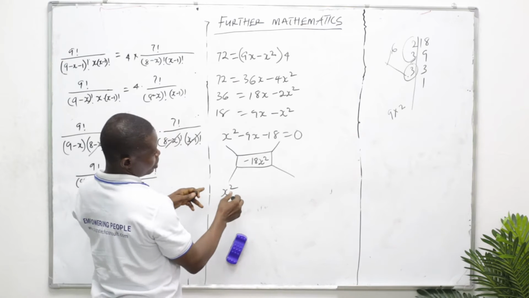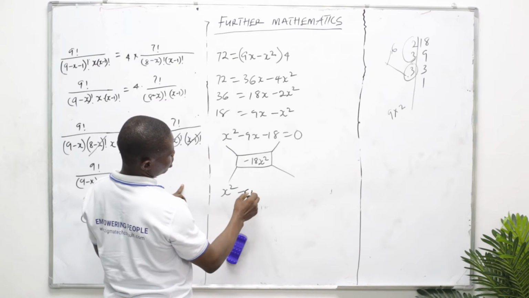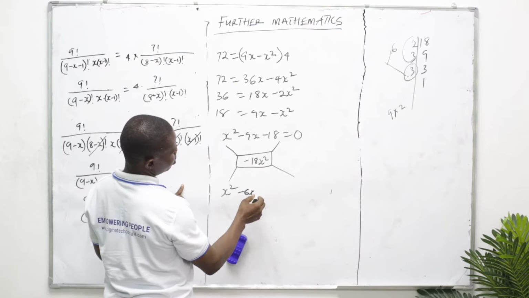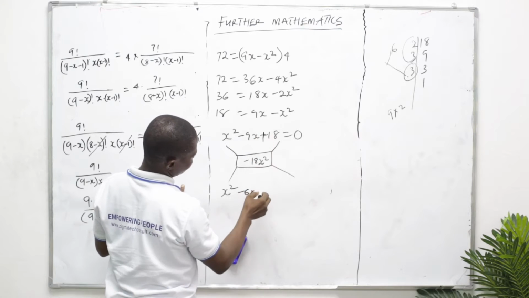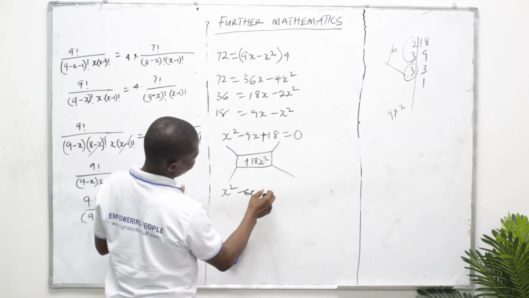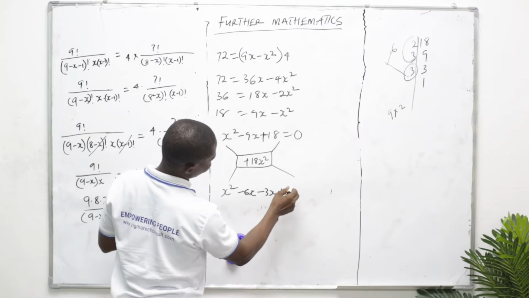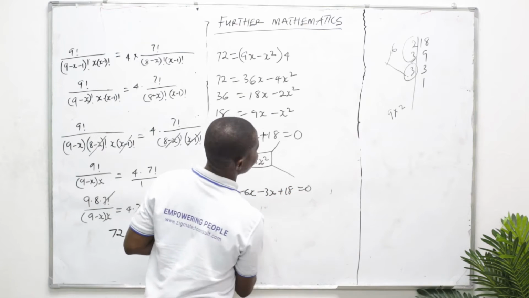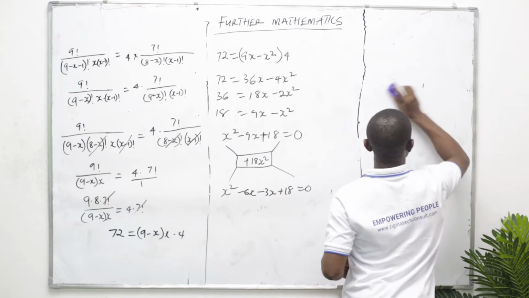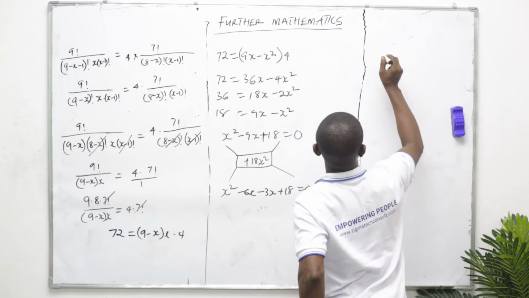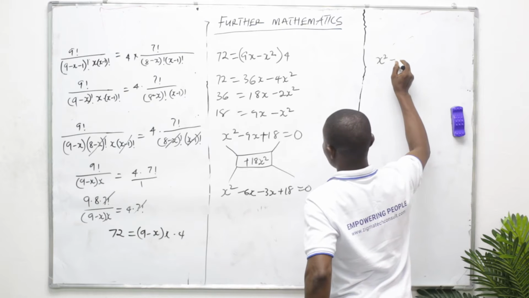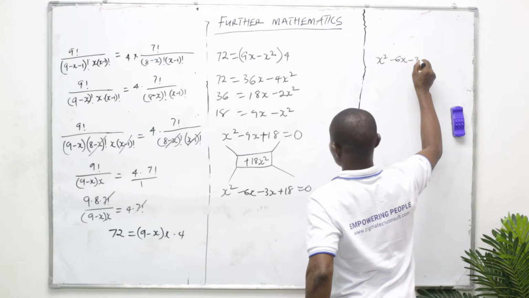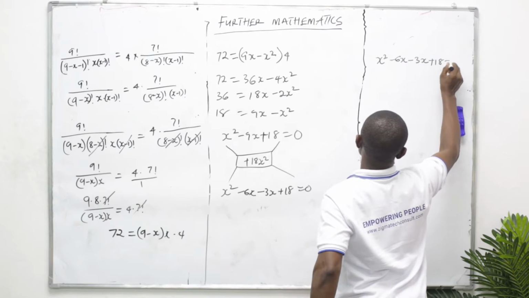So we have s squared minus 6s minus 3s plus 18 equals 0. Now we need to factorize completely. I will have s squared minus 6s minus 3s plus 18 equals 0.